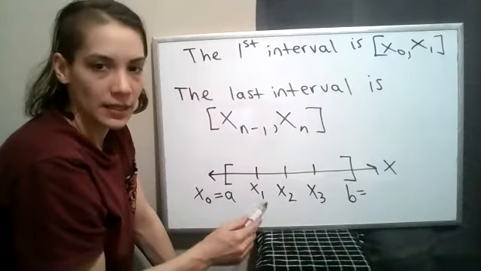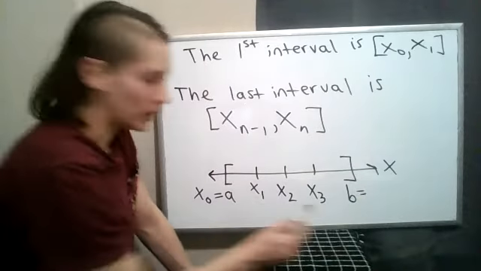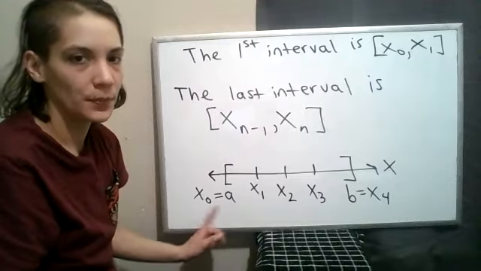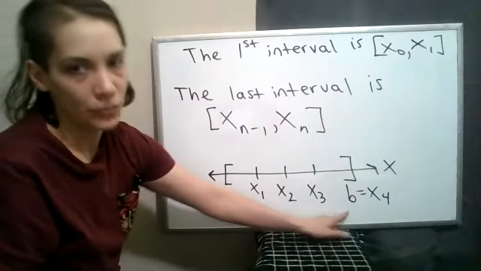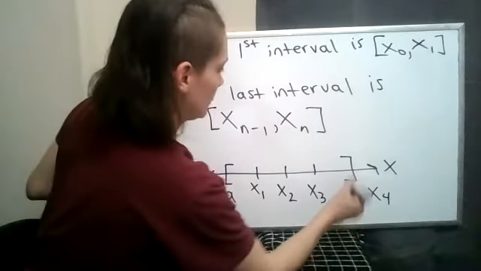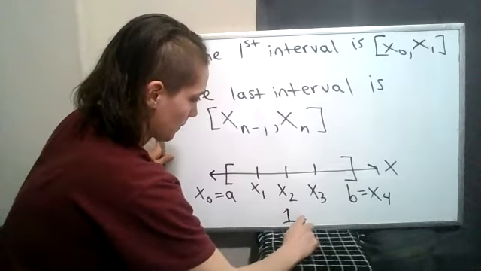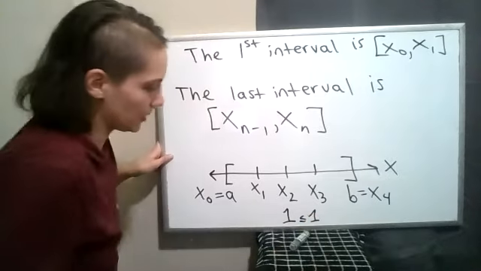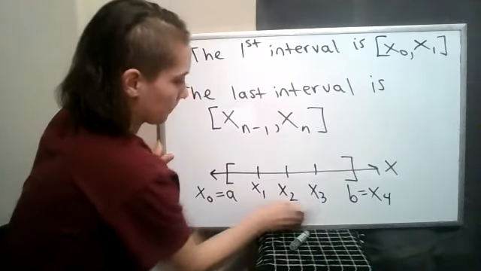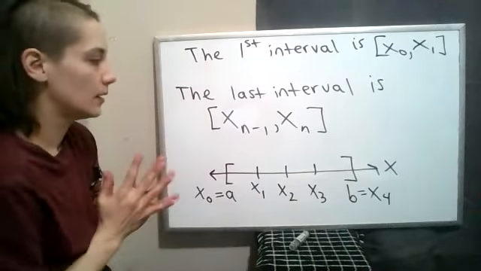And B would equal x sub 4, which means in this case, I went from 1 to 4. The reason I'm doing this is to talk about the midpoint of an interval.